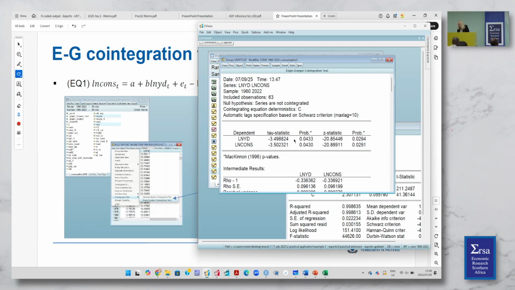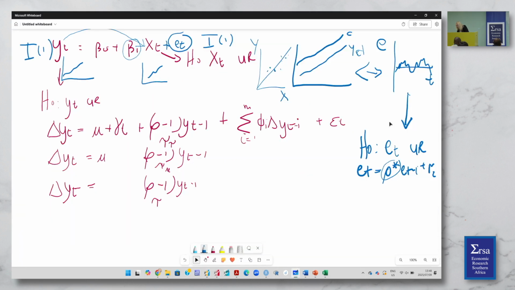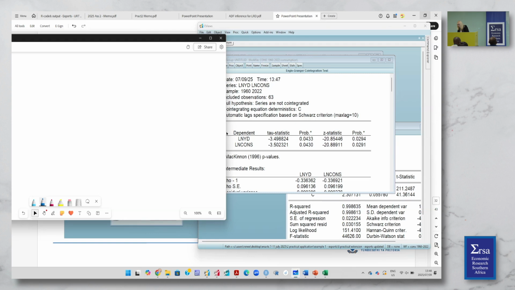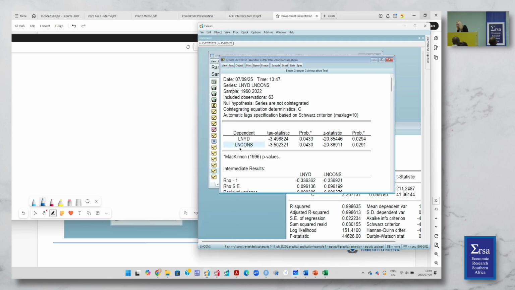So what happens there, if I can have a little bit of a whiteboard here. So we regressed consumption, but let me just do it the right way around, because obviously now we will have to look at this value.